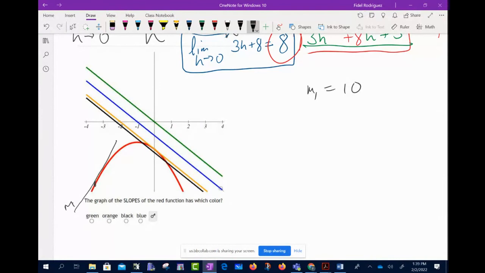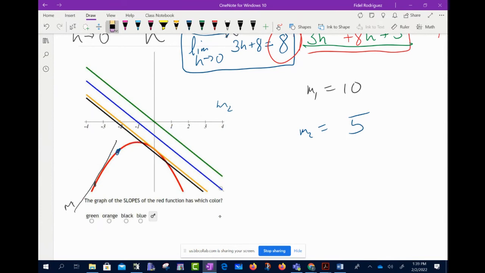Okay, I'm going to pick another point, the blue one. I'm going to call this one M2. Would you say the slope of that line is positive? Is it more than 10 or smaller than 10? Smaller than 10 because it's not so steep, right? So what is it? Let's say it's 5. I'm just picking numbers here, right?